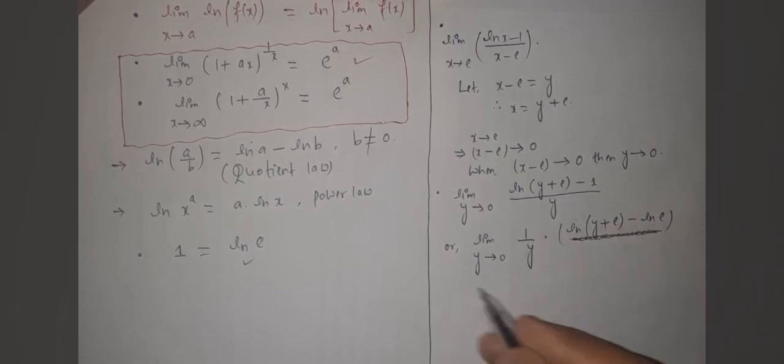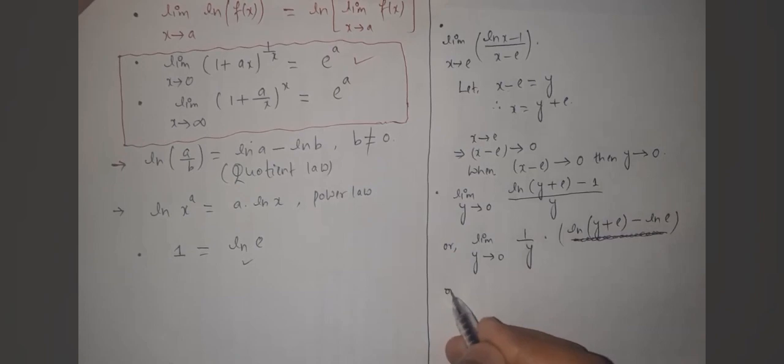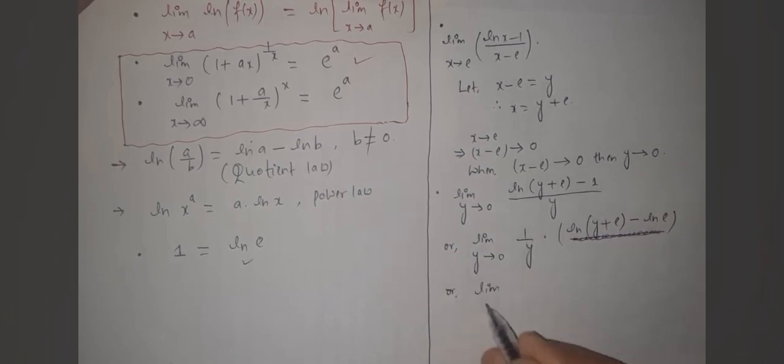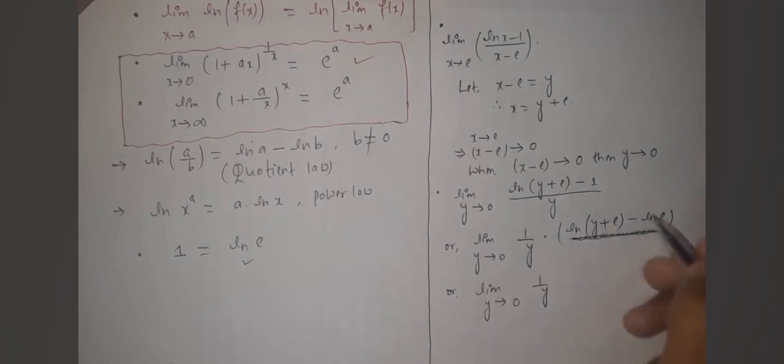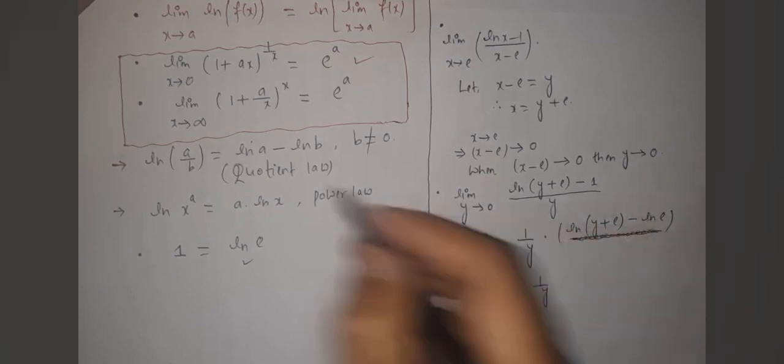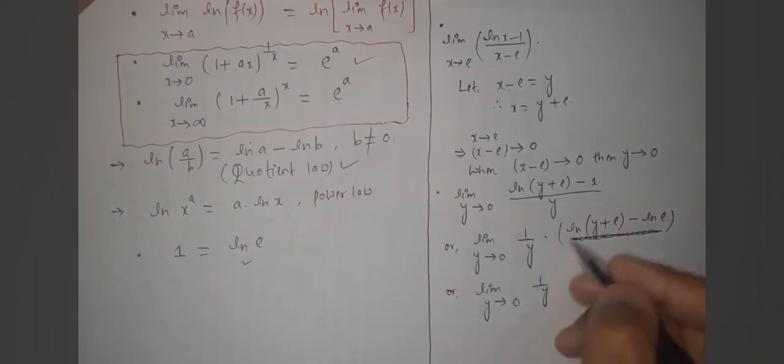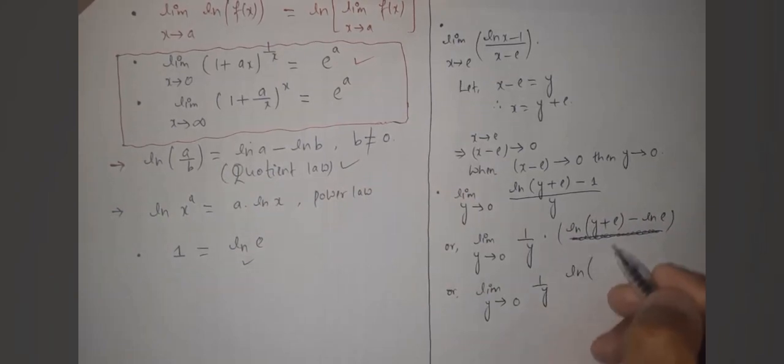This can be written as limit y approaches 0 of 1 over y, and here we can use the quotient law of the logarithm, and this can be written as ln of y plus e over e.